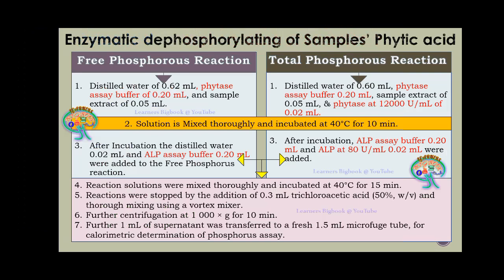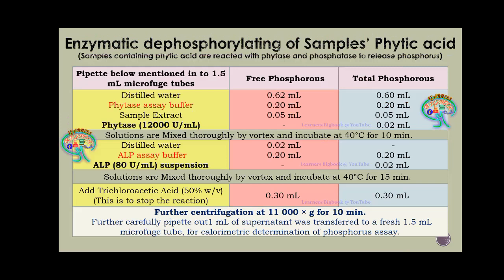Now further, this is the slide where the enzymatic dephosphorylation of the samples will be done. Here I have put it in this tabular form, where whatever sample you take, as we have discussed, it has to be treated with the suspensions mentioned in the previous slides, like the phytase and the alkaline phosphatase. Whichever sample you consider is going to have free phosphorus.